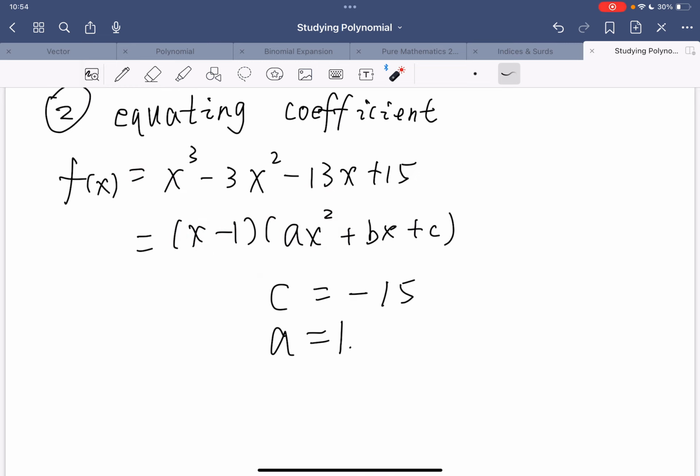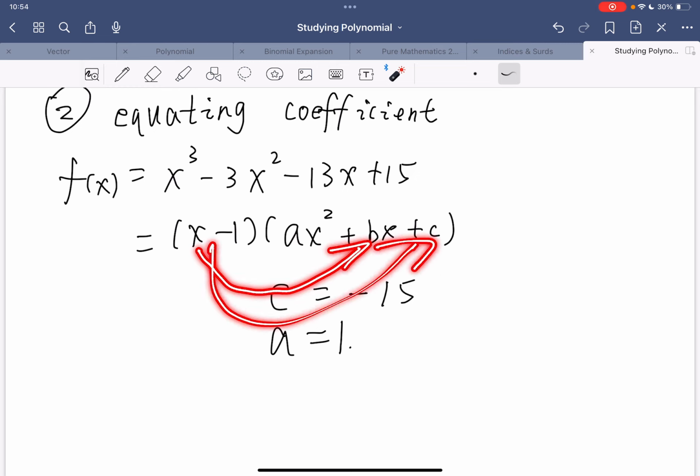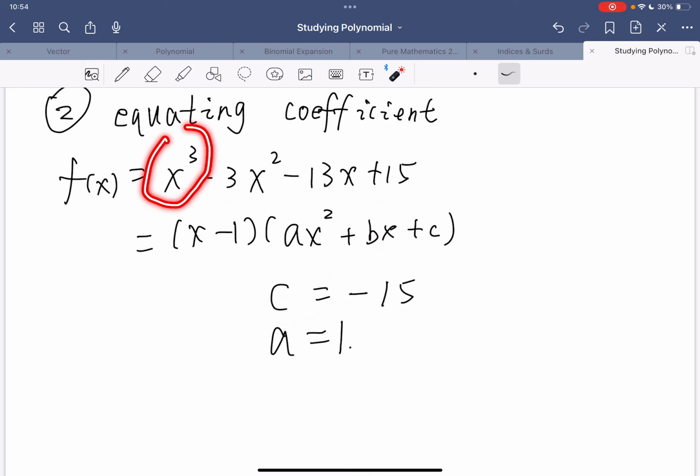Okay? The other terms, if x times A, or times A, will never give us the highest power, the cube. So, the coefficient for the cube in the original expression is 1.